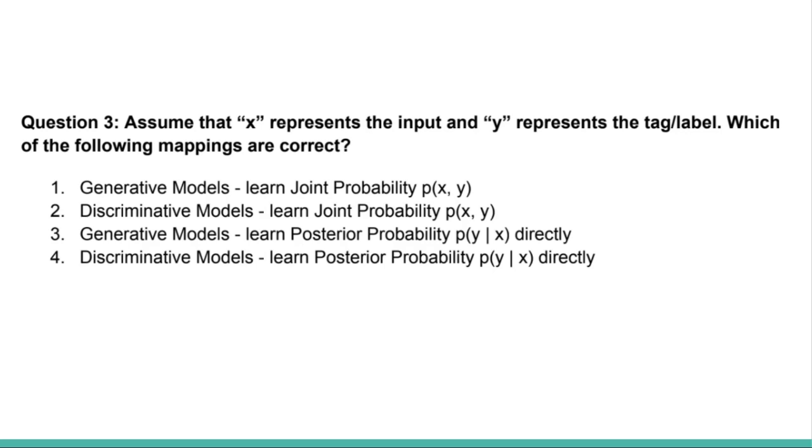We learn from the joint probability, and we also make use of Bayes rule, where we compute the probability of y given x. That is what happens in generative models. Some examples of generative models would be naive Bayes and hidden Markov model.